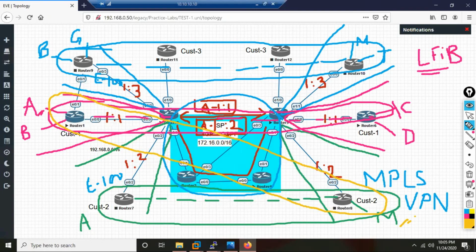Because if you receive routes and store them in the VRF, tomorrow if you want to extend these routes, there will be no sticker. When you create the VRF, the router is not going to tell you that you have not defined the RD. No, the VRF gets created without an RD also, and the routes will remain in the VRF.